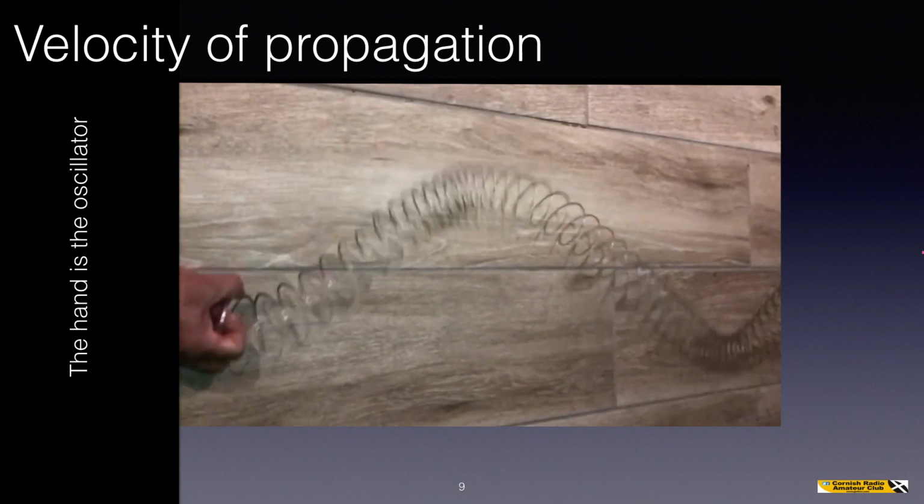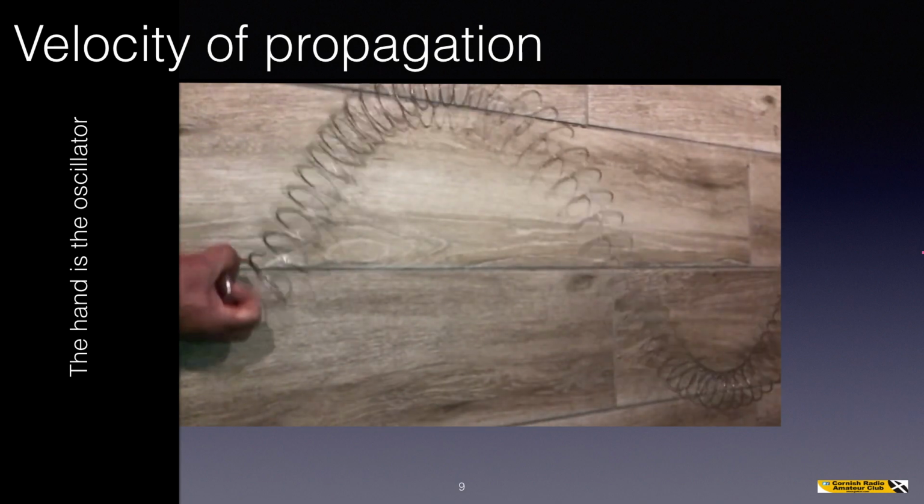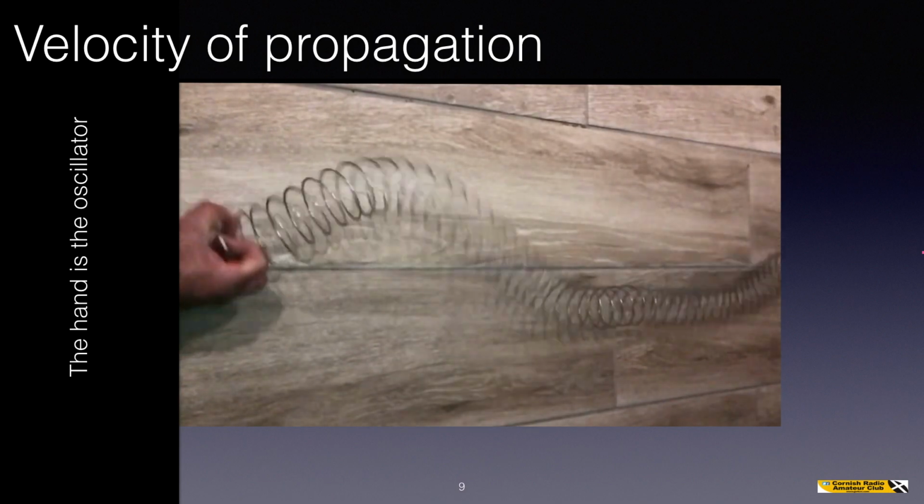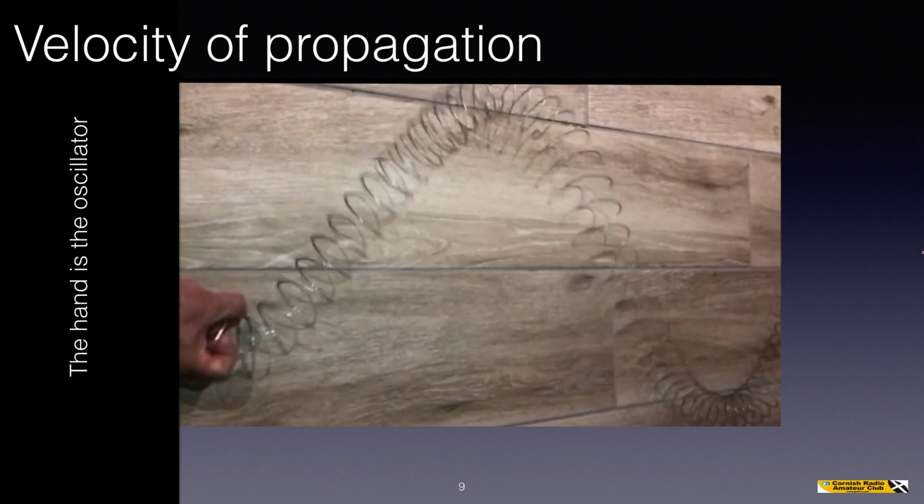Now if we had two Slinky toys and managed to do them at the same time, showing the H field, well, we wouldn't be able to do that, they'd get tangled up, but then it would better represent a complete electromagnetic wave. But here we have a transverse wave being propagated in a Slinky toy.